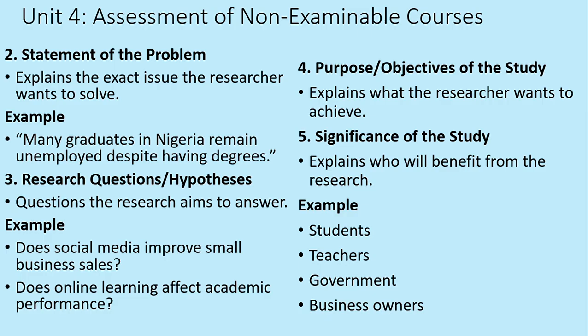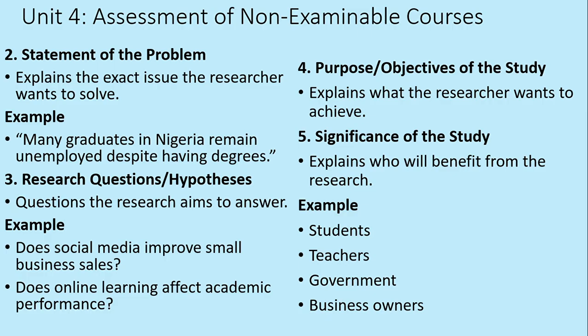That is what this research project means. So you're trying to make a research and turn it into a project, so that people that will read your project will be able to make use of it in their real life situation. So you have to give a background study, at the same time you give a statement of the problem. Then you are going to give research questions or hypothesis.